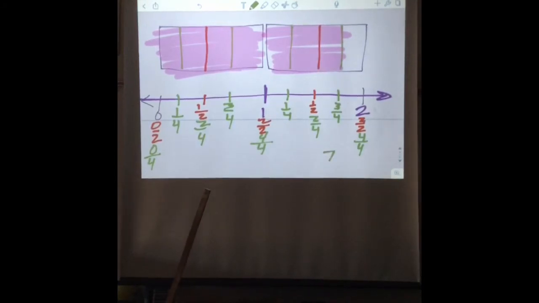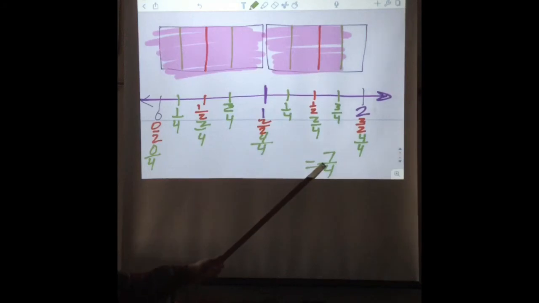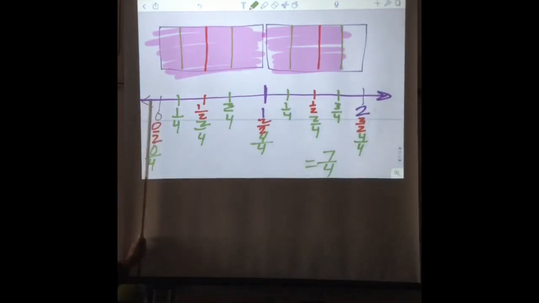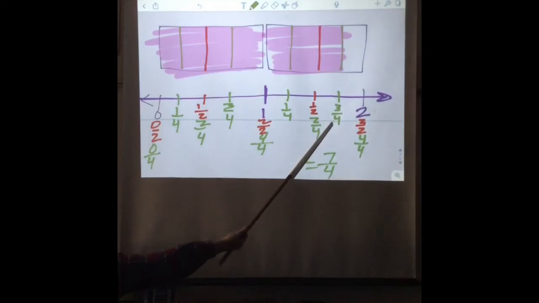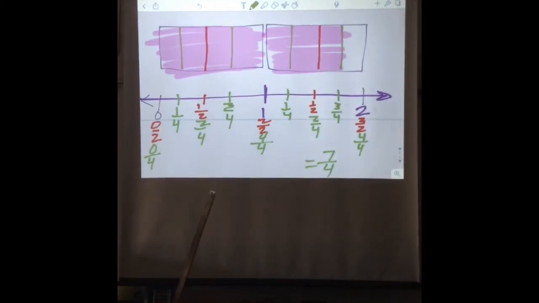So I'm going to say, okay, I've got 7/4. Hey, hold on, Mr. McGuire. Look, that number is bigger on the top than it is on the bottom. That means we have one whole in it plus 3/4, right? And that's our mixed number.